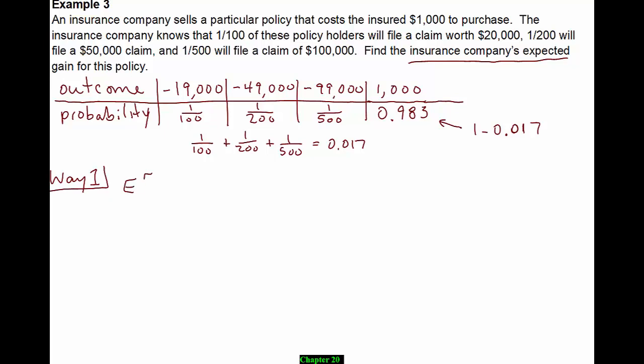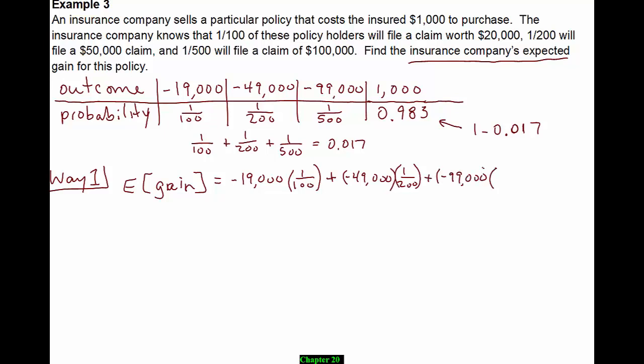So the expected gain is going to be the first outcome times its probability, so negative 19,000 times 1 over 100, plus negative 49,000 times its probability, which is 1 over 200, plus negative 99,000 times its probability, which is 1 over 500, plus 1,000 times its probability, which we put in decimal form, 0.983.